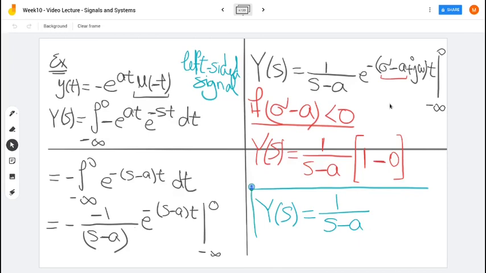So now y of s will be 1 over s minus a, which is exactly the same as the form we found for the previous example, which was a causal sequence or a causal signal. Here we have an anti-causal signal. The difference is in the region of convergence. The condition that needs to be satisfied is that sigma minus a is less than 0, which is sigma less than a, and this is the region of convergence.